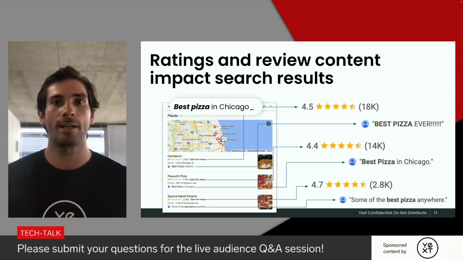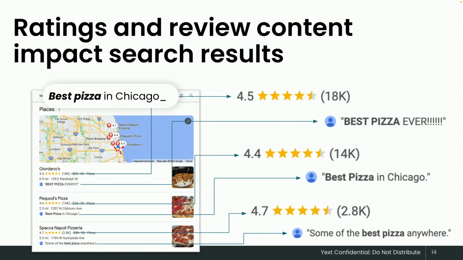The reason is that ratings and reviews have such a big impact on where and how brands show up in search. Take this example search that I recently did. When you search on Google for something like best pizza in Chicago, not only does Google automatically pre-filter to only show restaurants that are 4 stars and above, as you can see here, but it also features what are called review justifications.